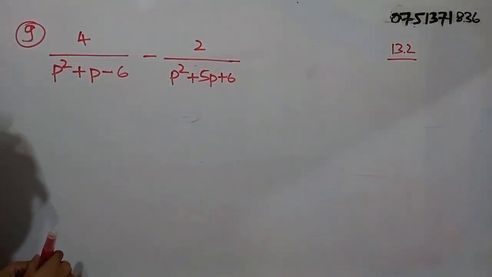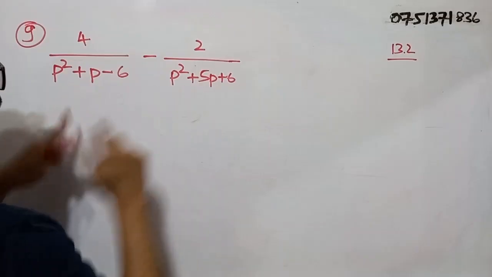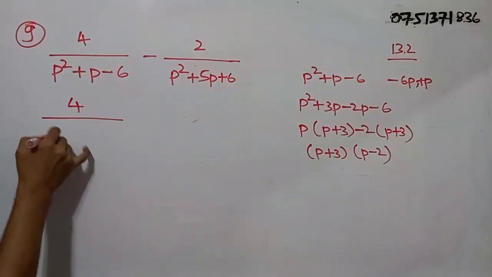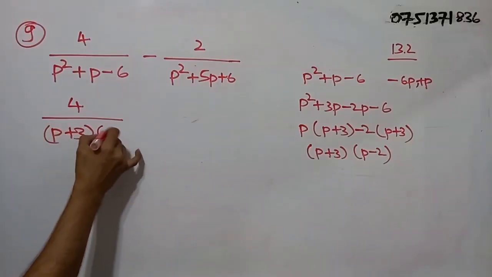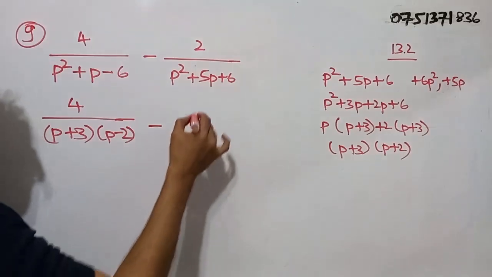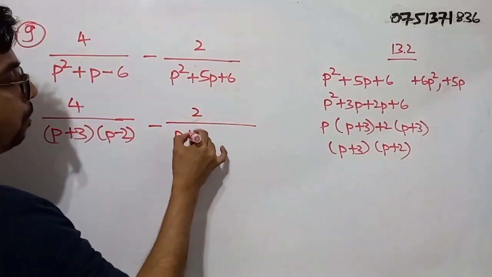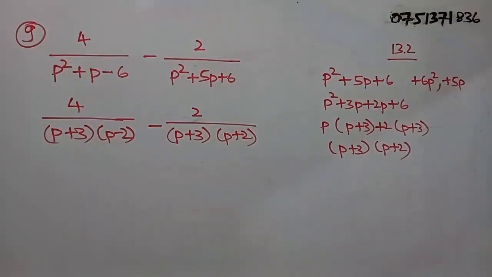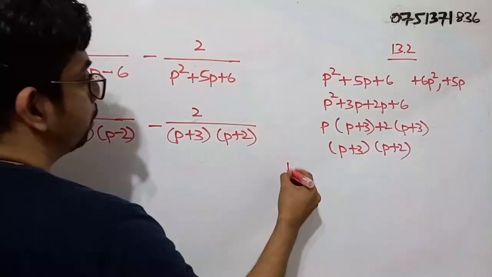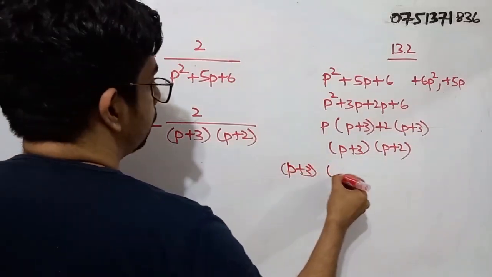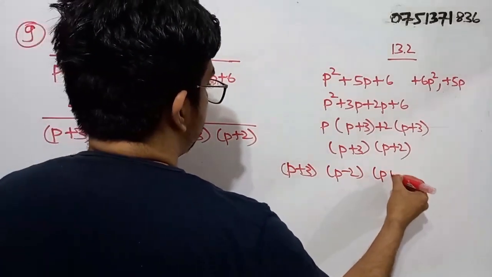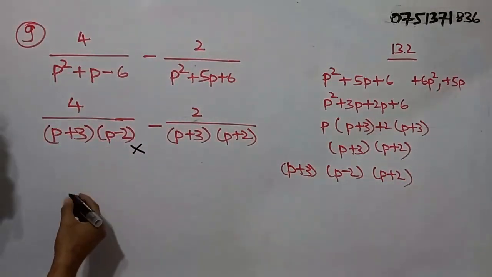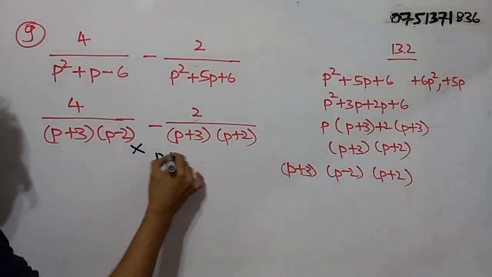Right. So the next expression. So we have to factorize these two quadratic expressions. So that means this should be what? 4 divided by p plus 3 and p minus 2. So that means 2 divided by p plus 3, p plus 2. Okay, so what should be the least common denominator? It should be p plus 3, p minus 2, p plus 2. So that means these two expressions need to be multiplied by what? p plus 2.